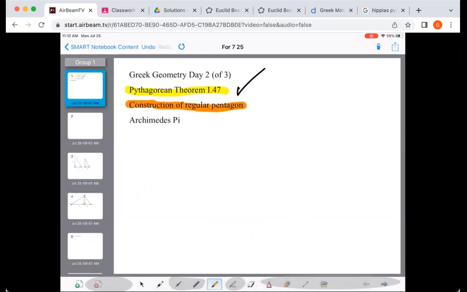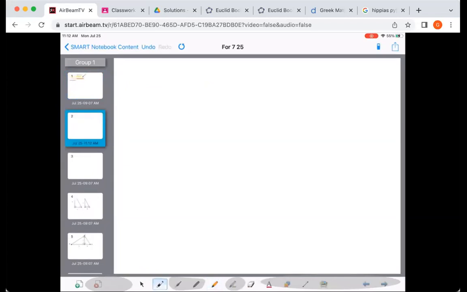Second part for today, construction of a regular pentagon. So we've seen that you could easily make an equilateral triangle. Book 1, proposition 1 was the equilateral triangle.